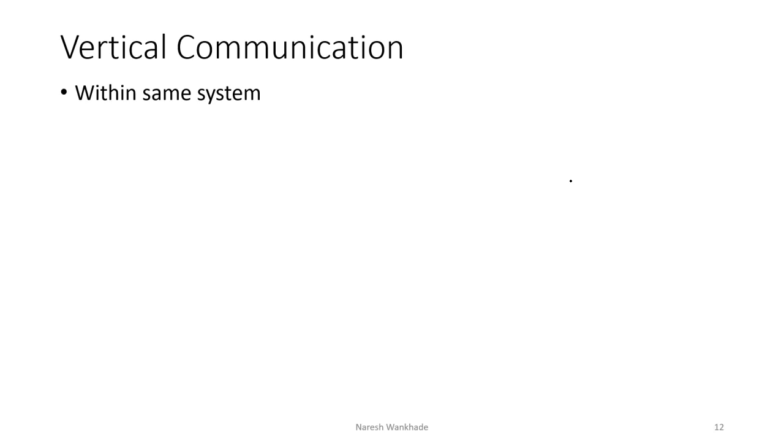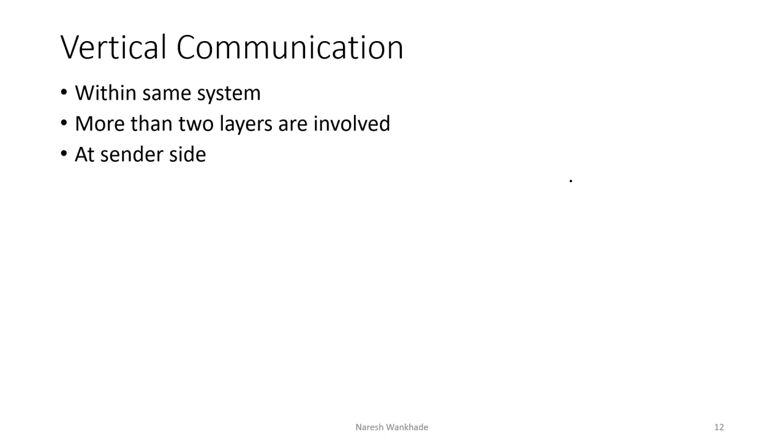Like interlayer communication, vertical communication happens within same system either at sender side or at receiver side. In vertical communication, there is involvement of more than two layers within same system.